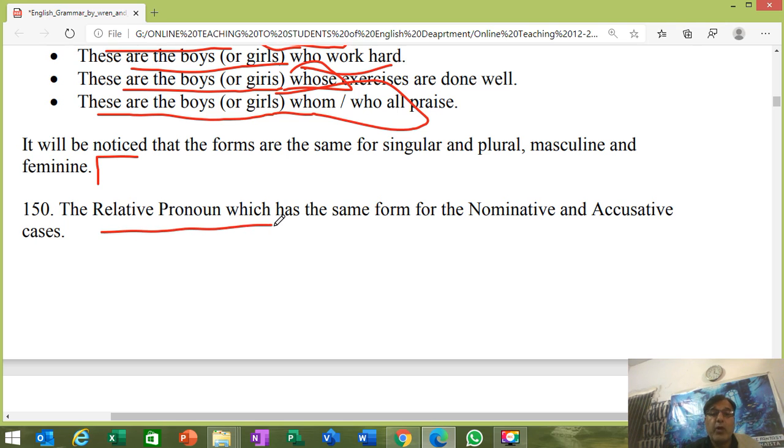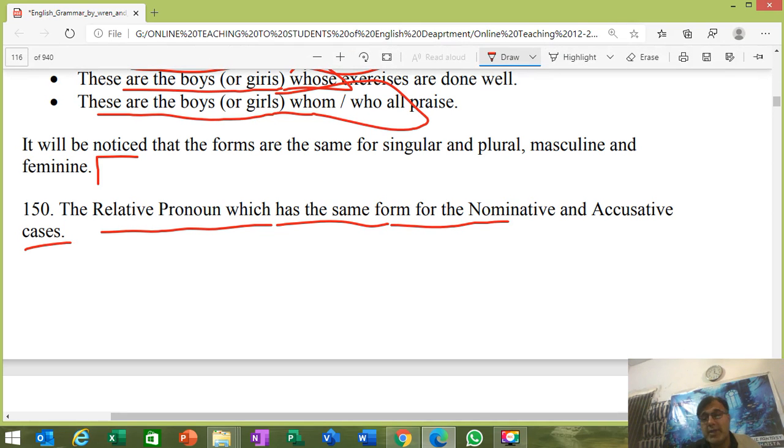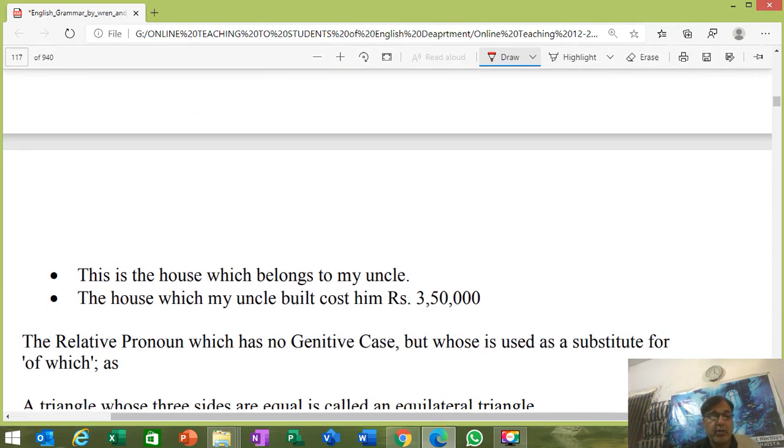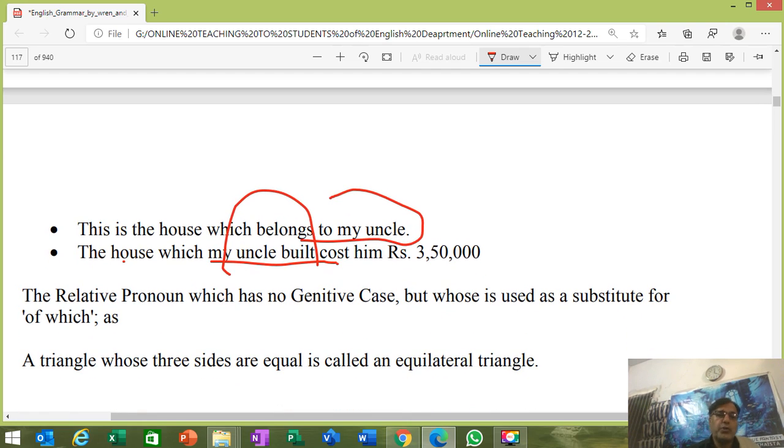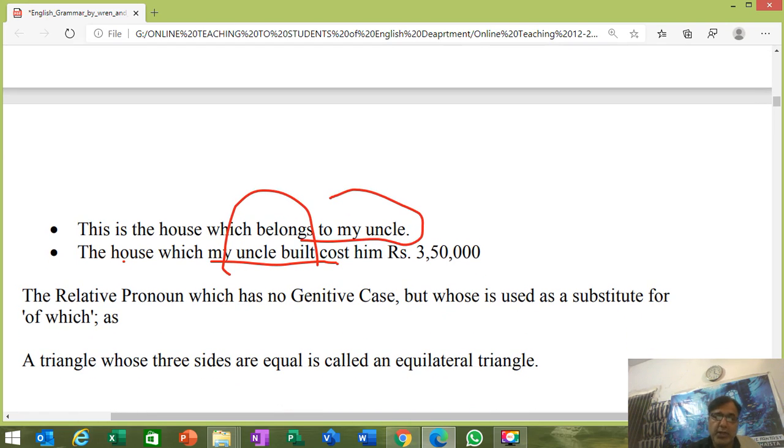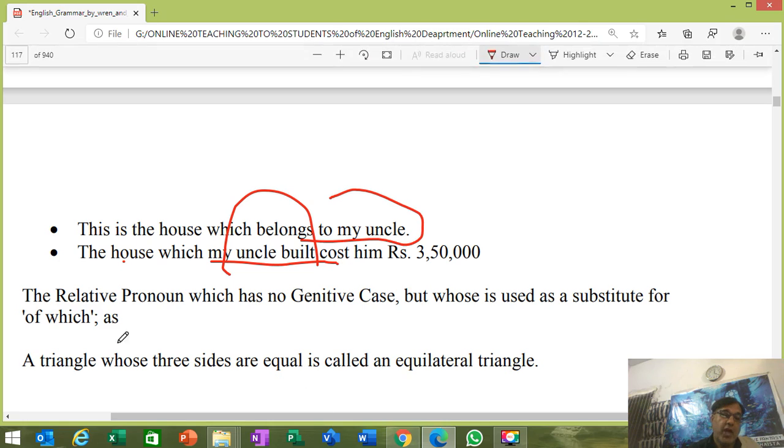The relative pronoun which has the same form for the nominative and accusative case. This is the house which belongs to my uncle. And this is the house which my uncle built, cost him a lot. The relative pronoun which has no genitive case, but whose is used as a substitute for of which.